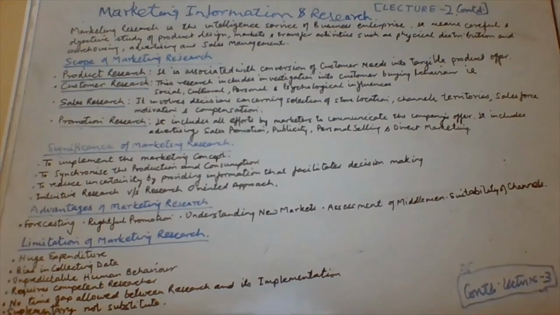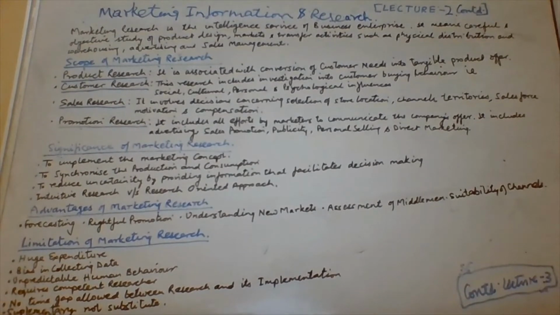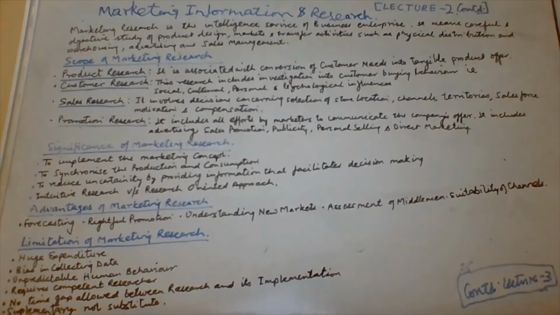Second is to synchronize the production and consumption. It is where marketing plays an important role, because there is generally a time lag between the production and the consumption due to large scale production. The greater the time lag, the greater is the need for marketing research.